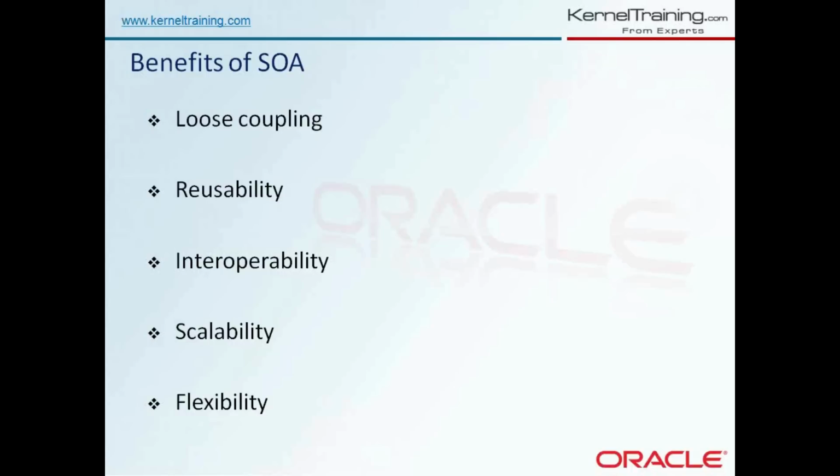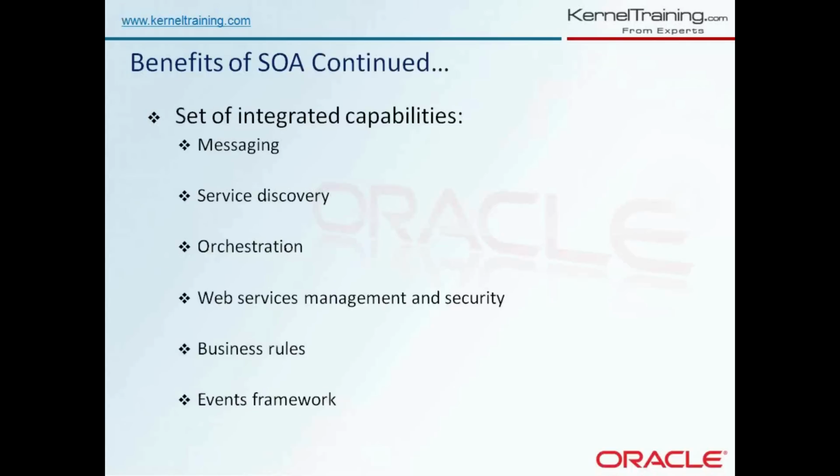Apart from this, it has some integrated capabilities that it is using in the backend. Basically, it is using messaging. Messaging means you have any kind of message. You can have a text message, an XML message, a binary message, anything.